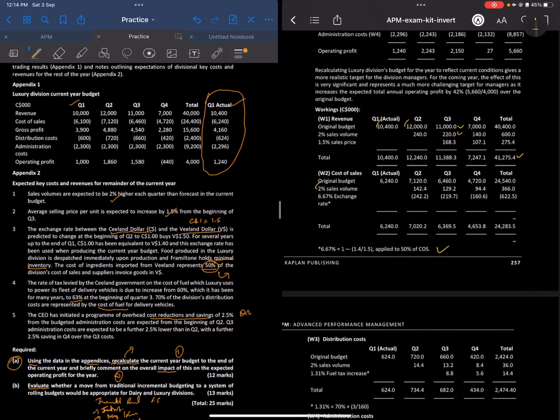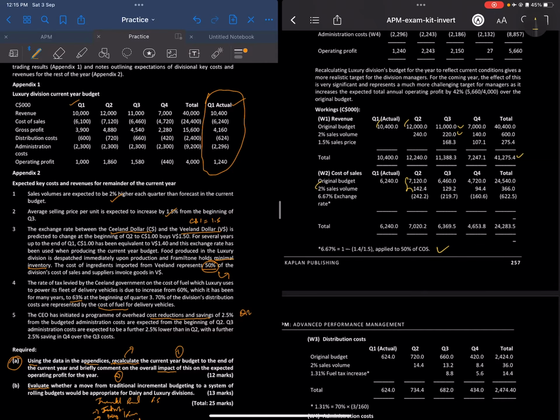So 7120 plus 142.4 will give us a total of 7262. Right, times 0.5 times 6.67%, 242. So it's these two figures, plus that's the total volume or cost of sales.